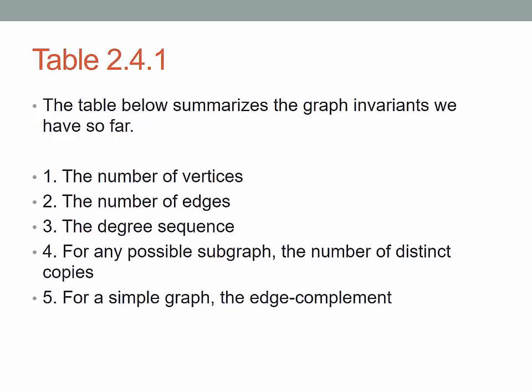So we have discussed graph invariants and how we can use these graph invariants to verify that two graphs are not isomorphic: the number of vertices, or the order, the number of edges, which is the size, the degree sequence, possible subgraphs and the number of those subgraphs, and the edge complement.